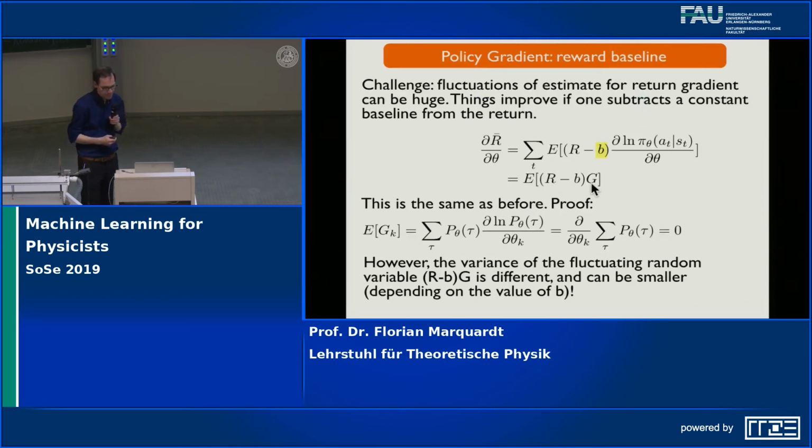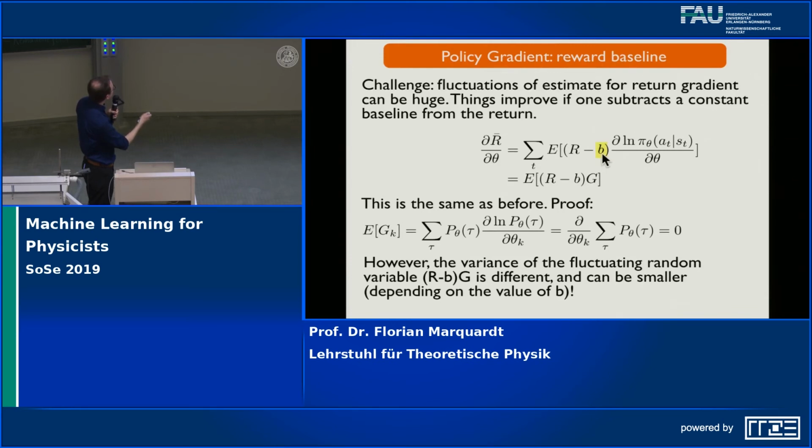It's the same. But the good thing now is, even though the expectation value is the same, the fluctuations may be different. If you have two random variables and their expectation values are the same, obviously their variances can be different. And this I will exploit here, because now I can try to adapt my b such that the variance gets as small as possible. This is the trick. I should already say that b is called a baseline.